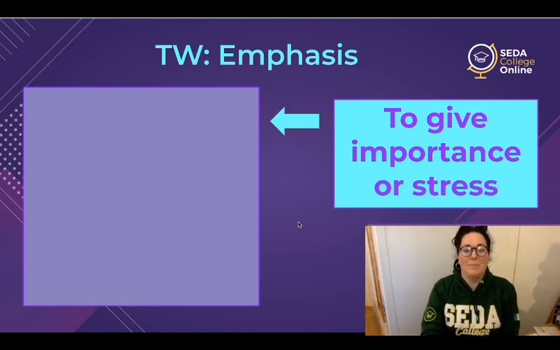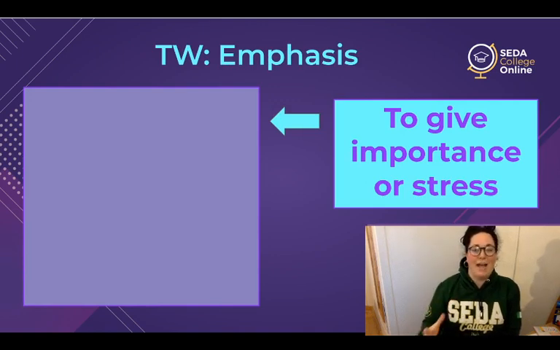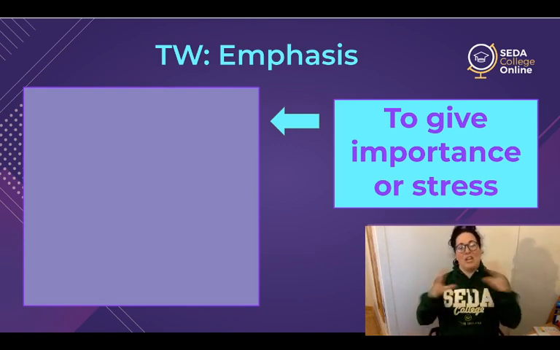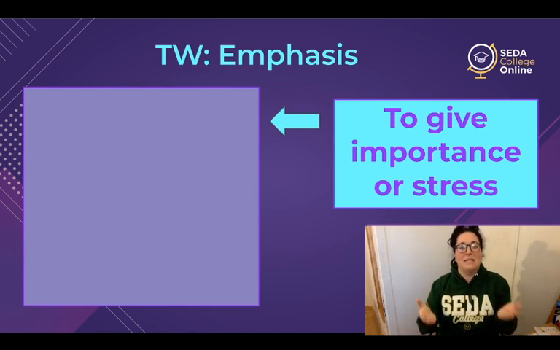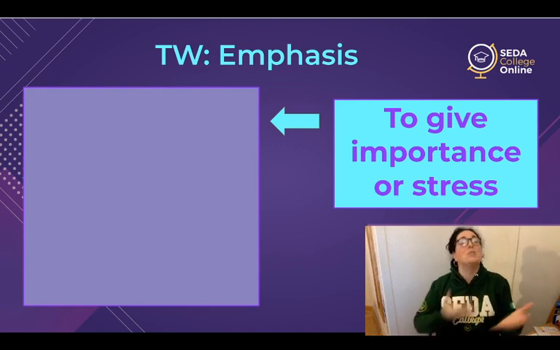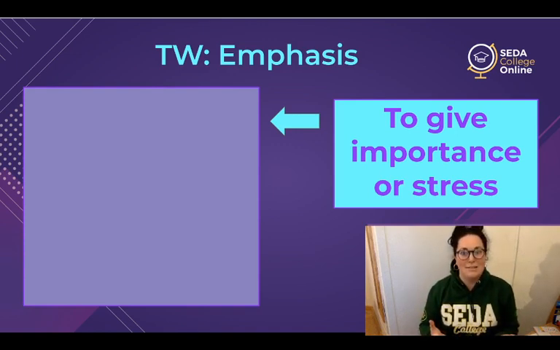Emphasis. We're going to start with emphasis, and this means to give importance or stress. We can also say the verb to emphasize, okay? So he used hand gestures to emphasize his points. Or she, in my case, used hand gestures to emphasize her points.